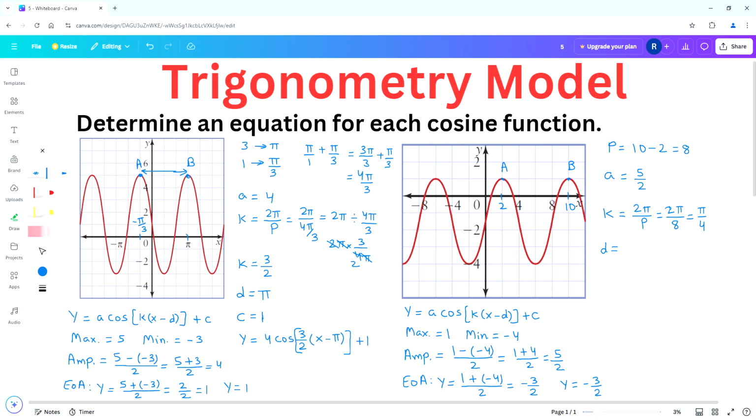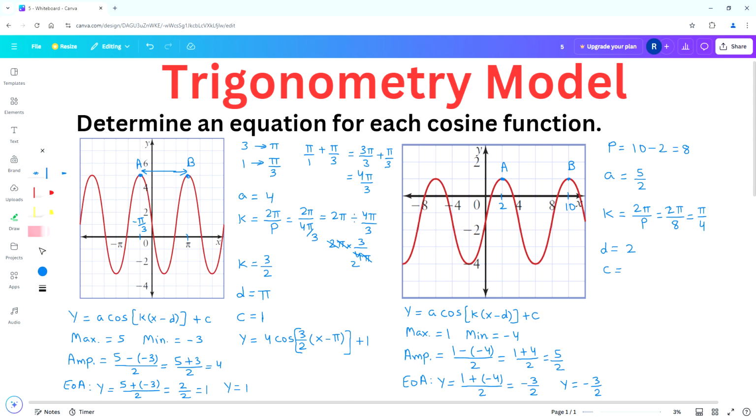D value represents phase shift or horizontal translation. In a cosine function with no phase shift or horizontal translation, the maximum point is on the y-axis. For this function, we can use point A to find the phase shift. Point A is translated 2 units to the right side from the y-axis. Therefore, phase shift is equal to 2 units to the right side. So the D value is equal to positive 2. C value is obtained from equation of axis.